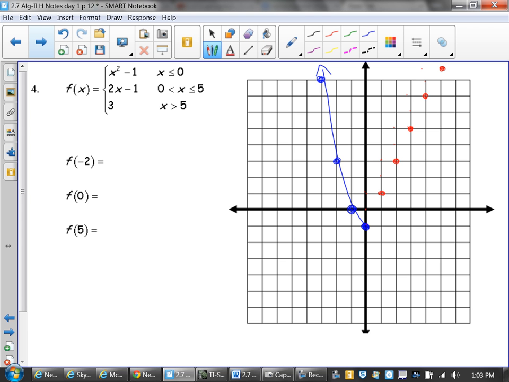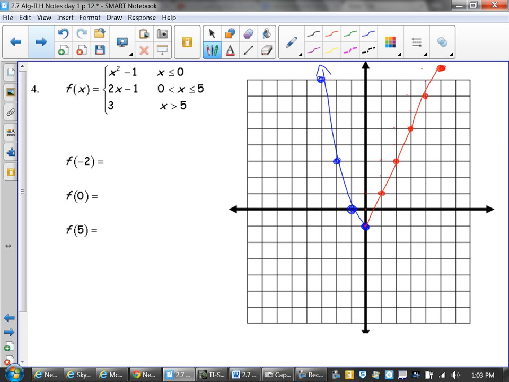Now, in this instance, the curve and the line meet at the same point. When that happens, it's okay that it stays filled in. Because as you're getting closer and closer to 0, at 0 you are still on that line, but the very instant that you go above 0, you switch to this, all the way until you get to 5.